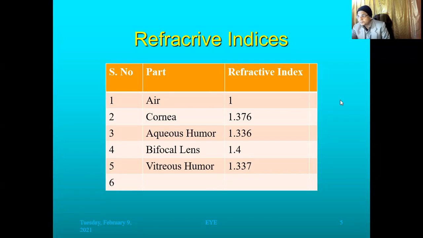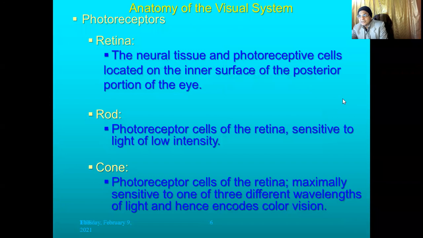in the human body. You see, the inner part is the retina, the neural tissue, and photoreceptive cells. Photoreceptive cells, what is photoreceptive?